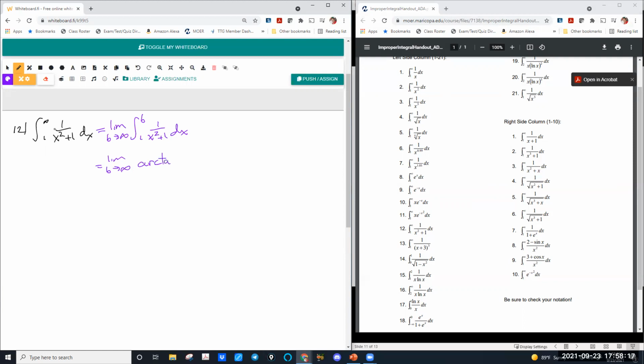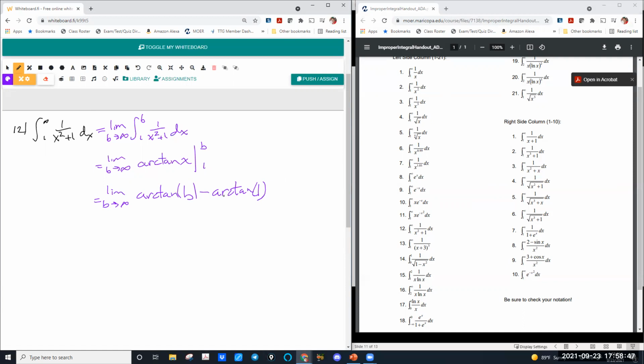Arctan is a really cool one going to infinity. So I just want to take a look at it from 1 to b. Limit as b goes to infinity of arctan of b minus arctan of 1. Okay, so here's this guy we're going to have to do the limit on.